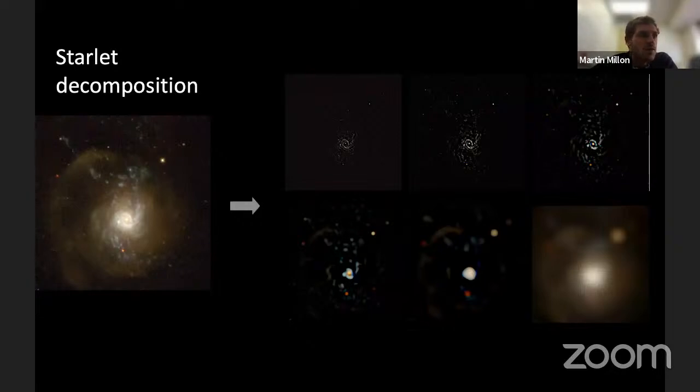For example, a sinusoid is not sparse in direct space, but it's very sparse in Fourier space because you can represent it with only one coefficient. Here we're going to try to do the same thing with starlets. You try to reconstruct your signal with as few coefficients as possible. And this starlet basis is well suited for astronomical objects. You see already that this image has divergent scales that are caught with very few coefficients in each scale. So the signal will be sparse in this starlet basis.